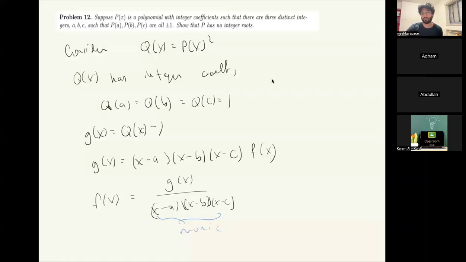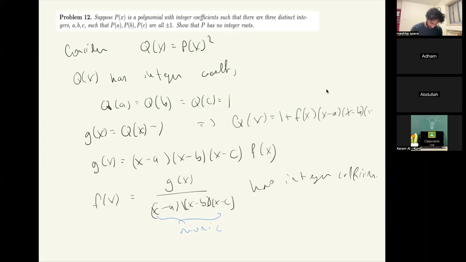Polynomial division works with integer polynomials when the one you're dividing by is monic, so f of x has integer coefficients. In particular, we can write q of x as 1 plus f of x times x minus a times x minus b times x minus c, where f of x has integer coefficients.